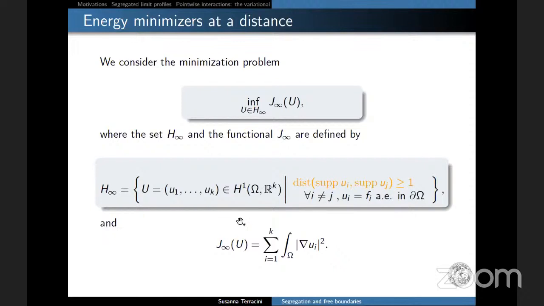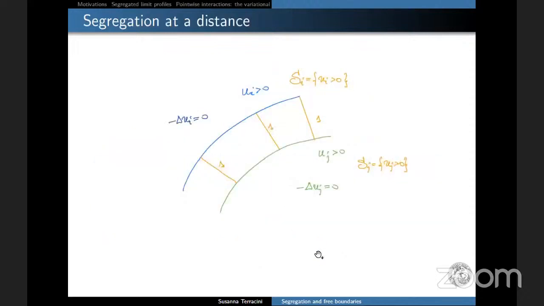Here again, for the sake of simplicity, we consider an energy which is only the square of the gradient integrated. If we think of having 2 components, we have one component here, the blue one, which is say positive on this upper region, and then we have a green component down here with its support. The 2 supports must be at a distance which is at least 1.